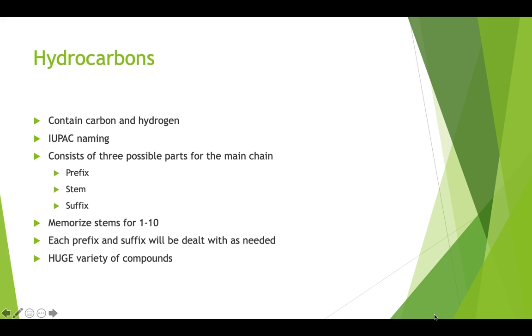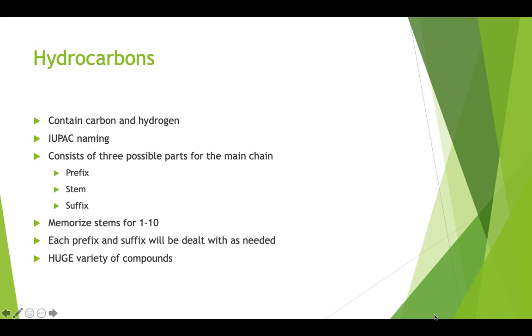Then there's the stem. The stem tells you how many carbons are in that longest chain. And then there's a suffix, and that ending tells you what kind of bonds are in that long chain of carbon. You will have to memorize the stems for carbons 1 through 10. And I will go through each suffix and prefix as we need them.